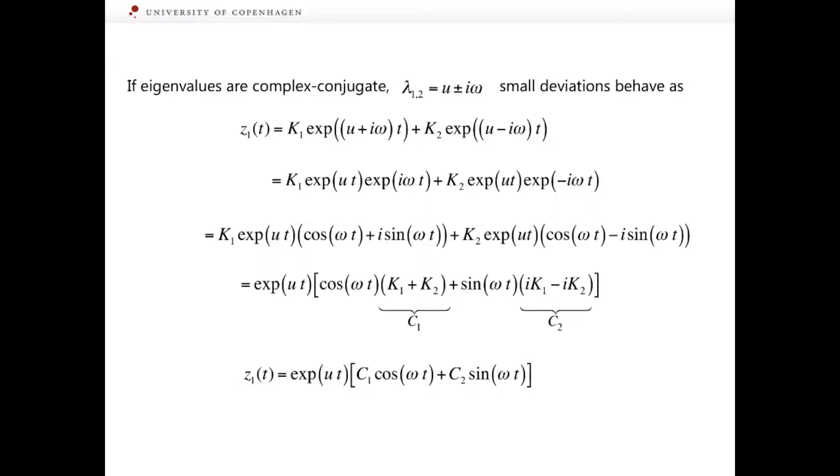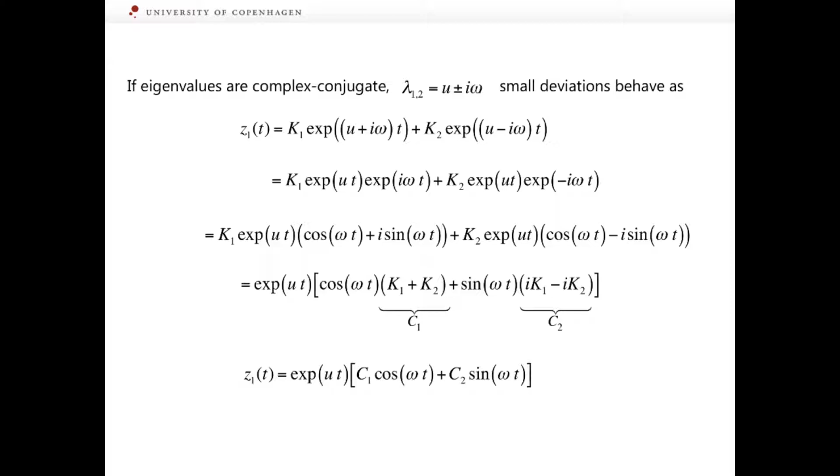The fluctuating terms are both multiplied by the exponential function, and if u, the real part of the eigenvalue, is positive, then this exponent grows in time indefinitely, so the deviation z1 grows in time while fluctuating.